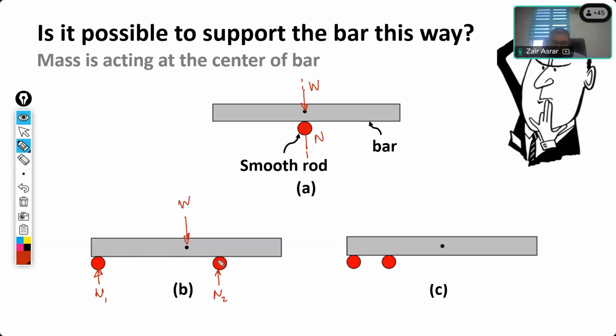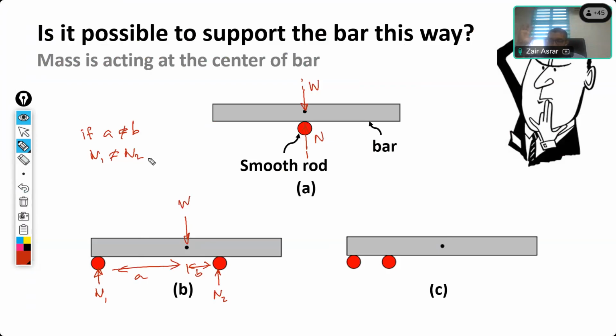Generally, in this case, hopefully you can picture this in your head by now. If we have two supports and something in between, with the weight pointing downward, and supports N1 and N2, if the distances between them are not the same, say here is A and this is B, if A does not equal B, we should know that N1 should not equal N2 as well.